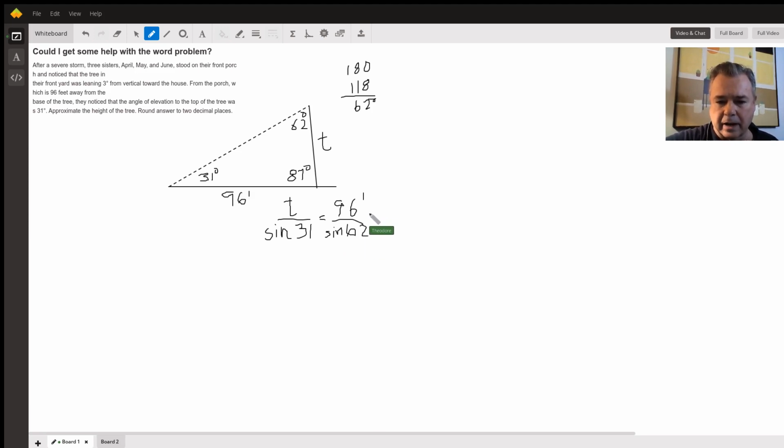And we do that with our calculator. It's going to equal 55.99 feet. Now, is that our answer?